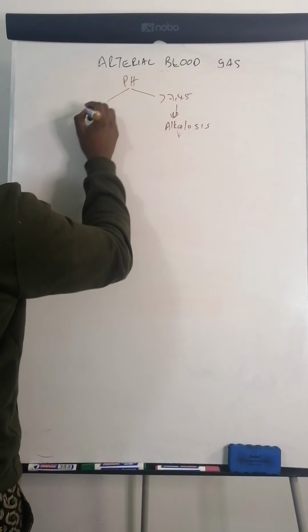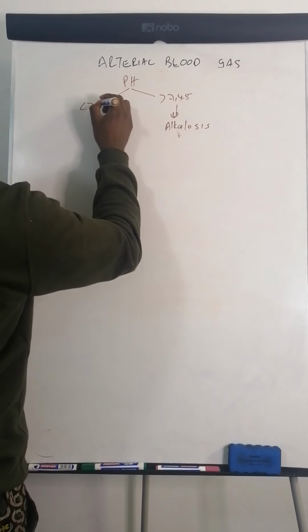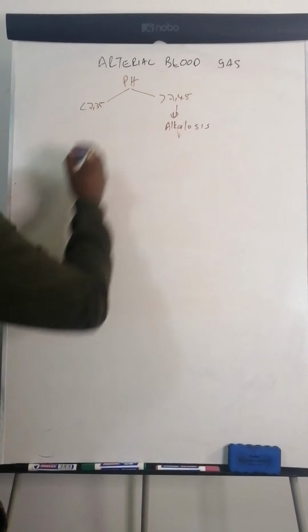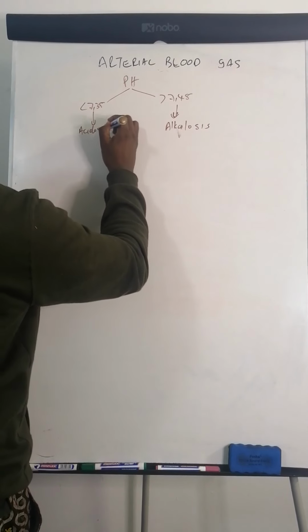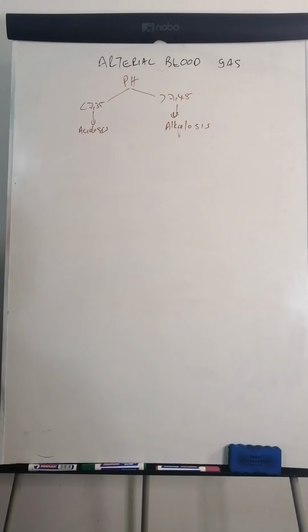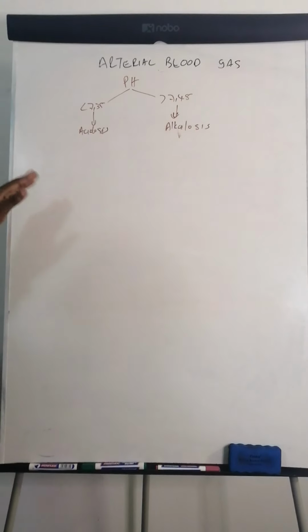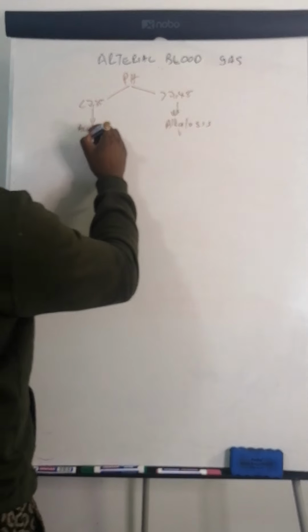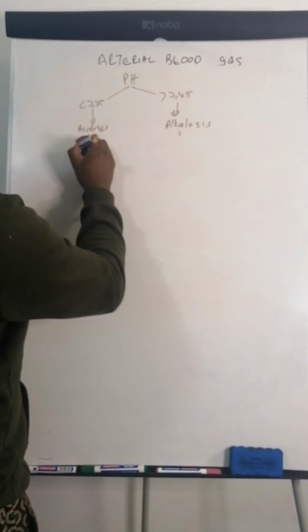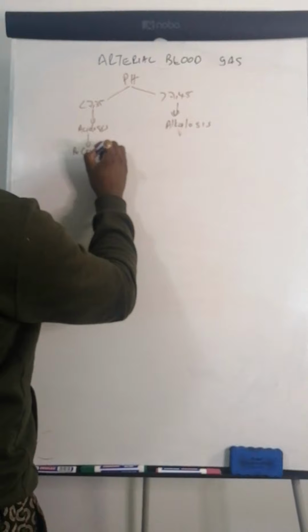If the pH is less than 7.35, that's acidosis. You don't know whether it's respiratory acidosis or metabolic acidosis. So, like I said previously, the next thing that you look at is your partial pressure of CO2.